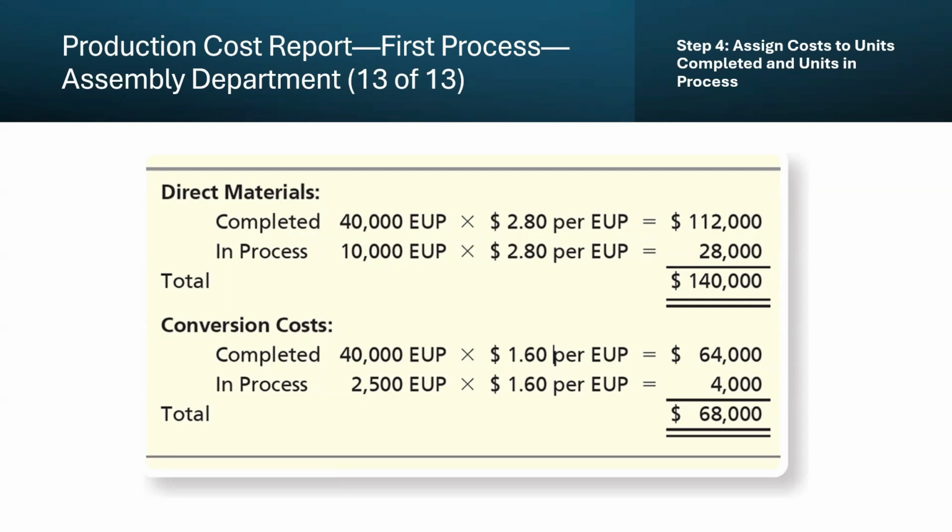Then you have in process of 10,000 EUP times $2.80 per EUP equal $28,000. So the total for that is $140,000. Then you have the conversion costs. Completed 40,000 EUP times $1.60 per EUP equals $64,000. And then you have in process 2,500 EUP times $1.60 per EUP equal $4,000. So the total conversion cost is $68,000.